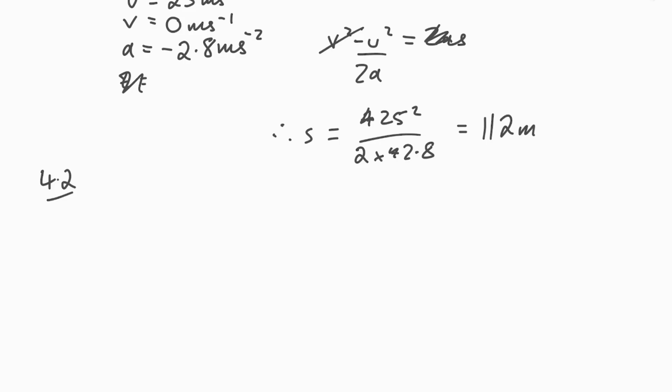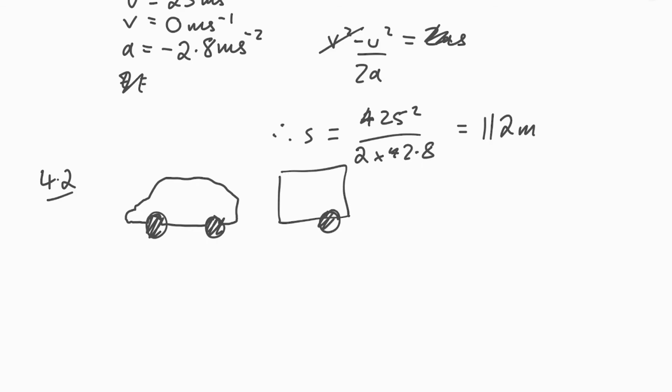4.2. Initially there are... Oh, wait. What have we got? Oh, it's one of these. Oh, man. Don't take the mick out of my cars, please. Oh, no. Okay, you can take the mick out of that one. That sucks. So we have this force there. I'm going to put that in blue. Oh, whatever. Let's draw the trailer first. Look, I'm in a hurry, all right? Oh, what is going on with this question?